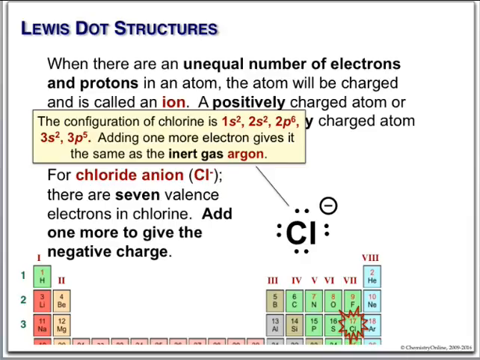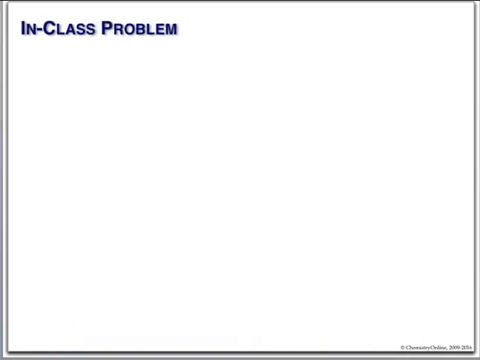So once we get that extra electron in, chloride acts like an inert gas. So we've gone effectively from chlorine here to the moral equivalent of argon. Once we fill up the shell, it acts like it's inert and it doesn't react anymore. Let's do another.